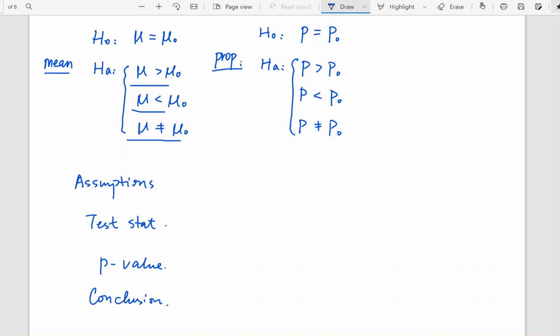So before you input all the values into the calculator, you still need to check the assumptions by yourselves. If the assumptions are not checked, then you cannot even use the calculator to perform the hypothesis test. All right, and then to calculate the test statistic, you need to input some values, right?